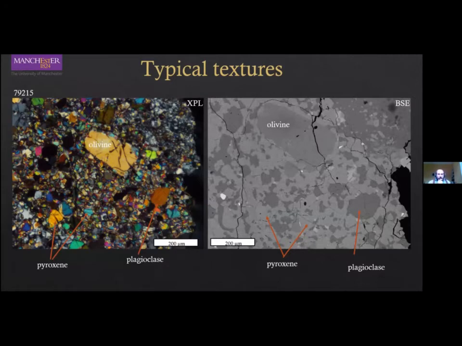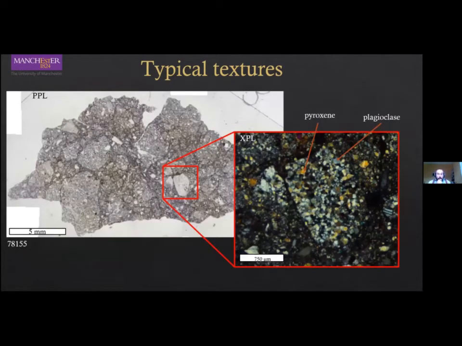Mostly what we deal with is more broken up material. You can see here a thin section of a breccia, where there are distinct clasts with all this broken up material in between. And this is quite a nice example where some of the clasts are a bit larger, and you can see some nice granulitic textures within individual areas.